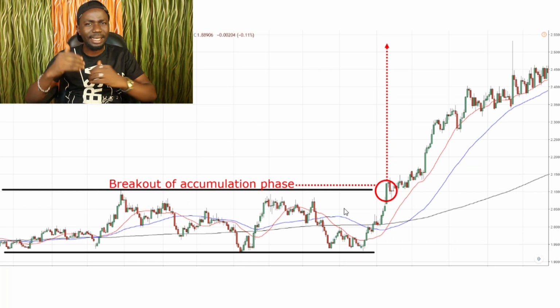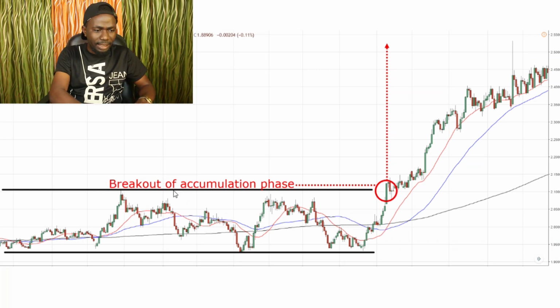So the buyers are buying from the low while the sellers are selling from the highs. This is the highs, this is where the sellers are selling, and this is where the buyers are buying. So whenever the market goes to the resistance level, the sellers enter the market and sell, and when the market comes to the support level, the buyers enter the market and then buy.